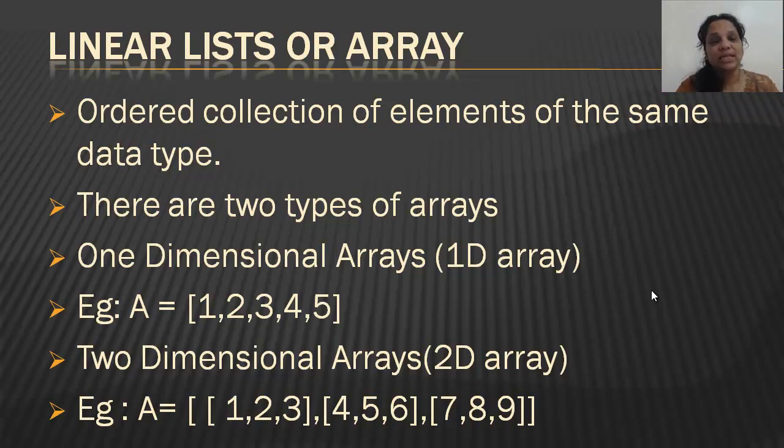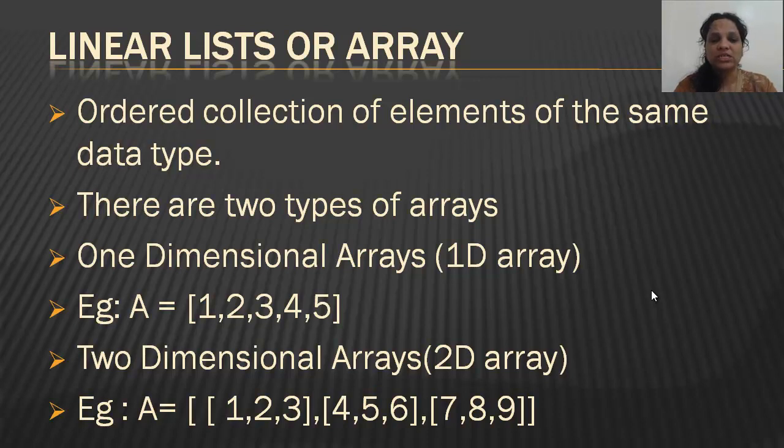Now linear lists or arrays are of 2 kinds. We call it a one-dimensional array, where each element of the array can be identified by one index value. Or there are 2-dimensional arrays, where each element is identified by 2 index values, the row as well as the column.